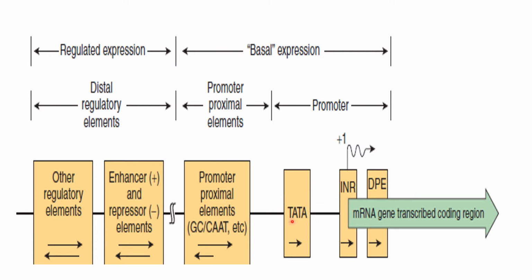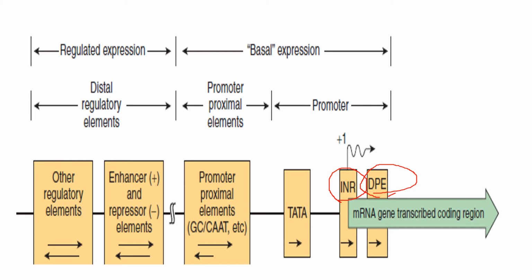The TATA box binds the TATA binding protein in some genes, but most genes contain an initiator. Here the initiator box consists of specific nucleotide elements, and similarly the DPE, downstream promoter elements.